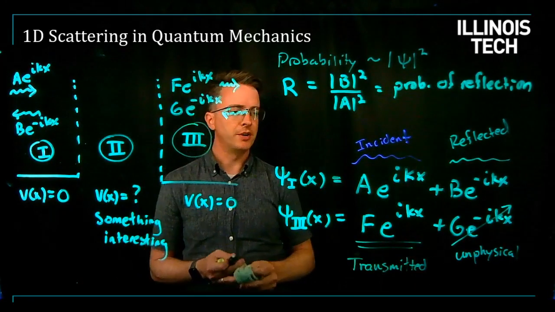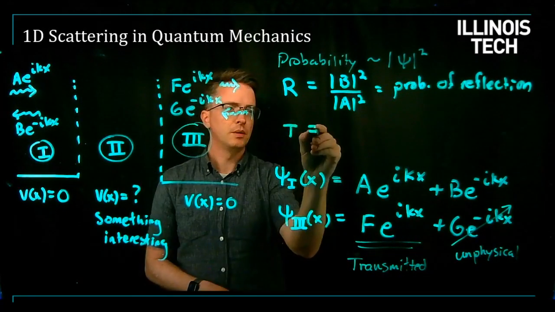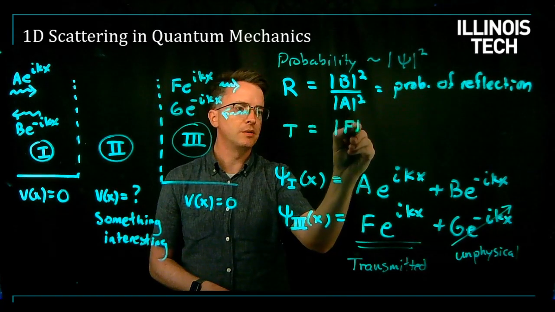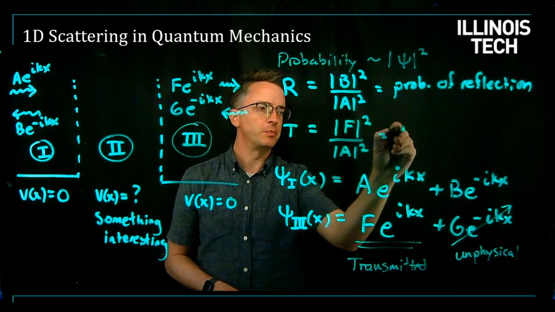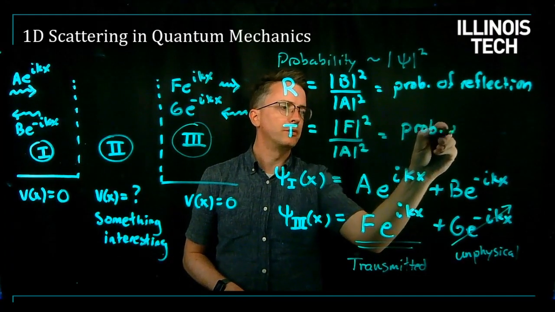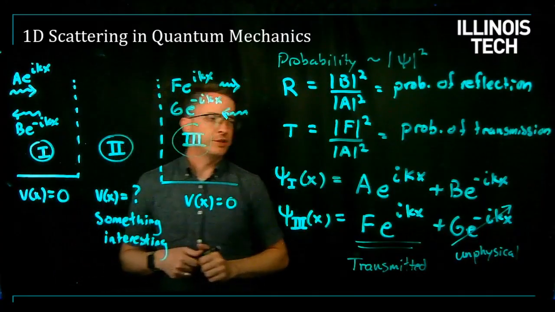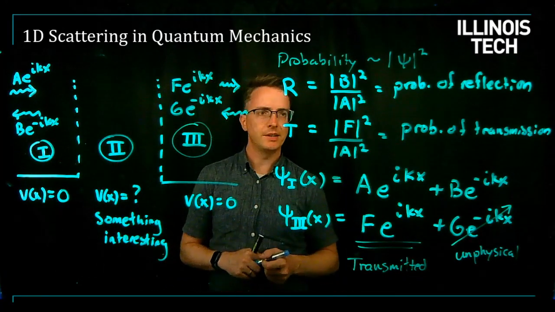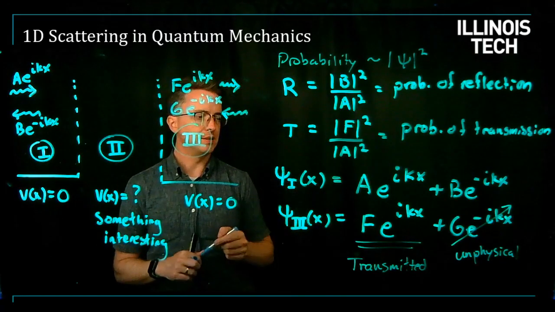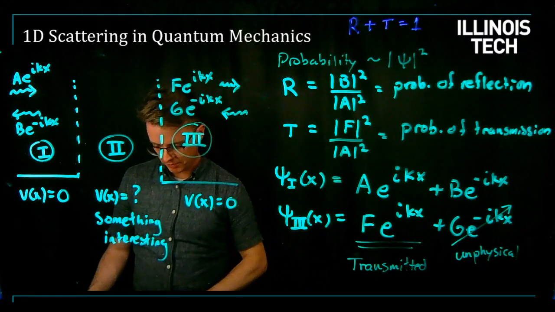And we can also define a transmission coefficient, T, which is going to be modulus f squared over modulus a squared, which is the probability of transmission, basically making it through. Of course, the probabilities have to add to 1, so it must always be the case that R plus T is equal to 1.